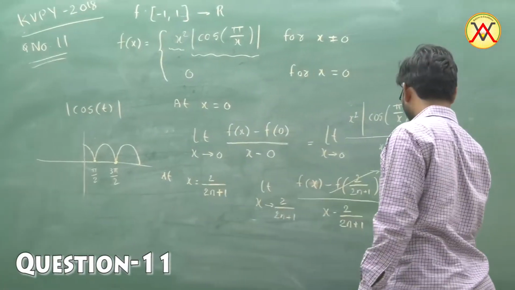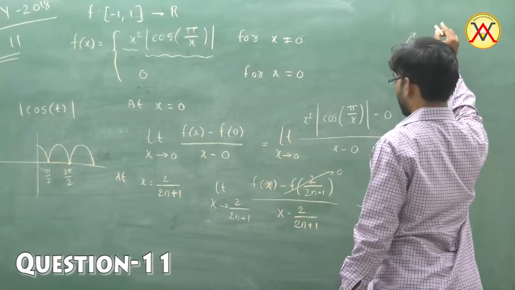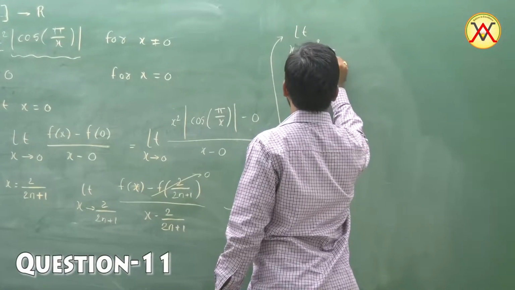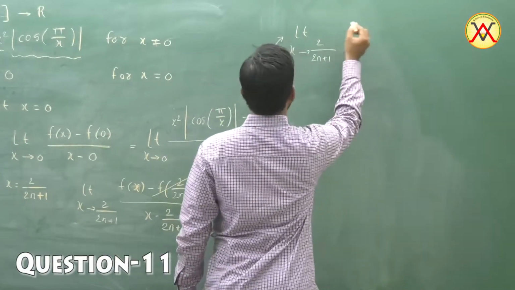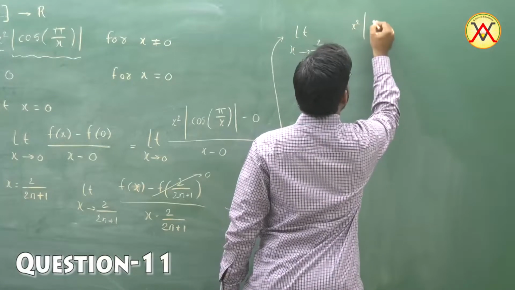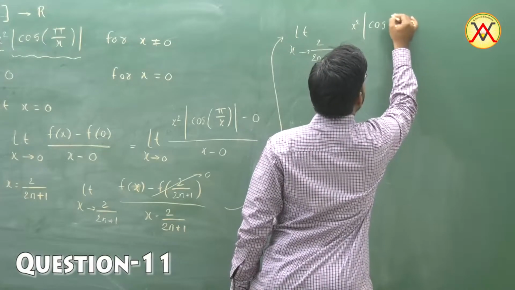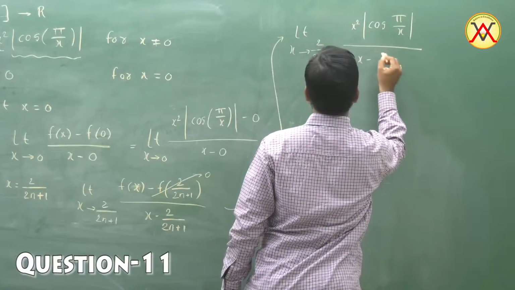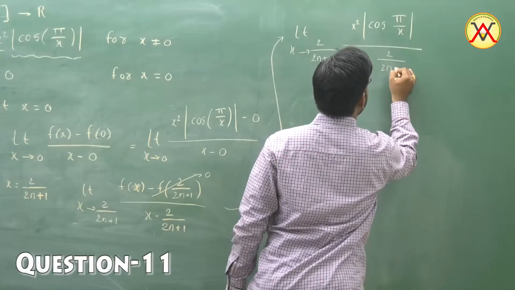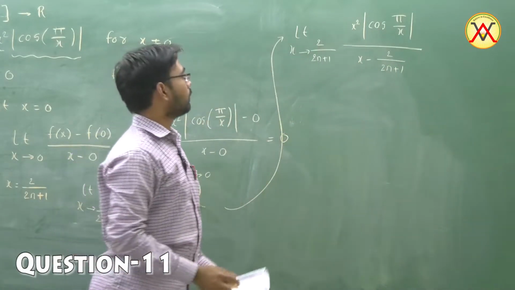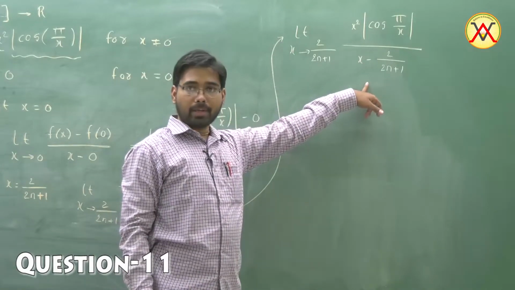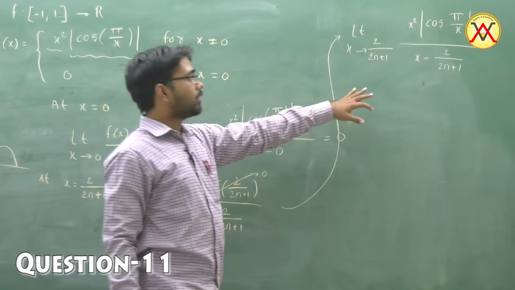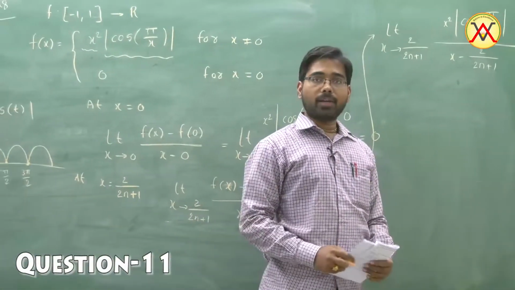So what we have is the limit as x tends to 2 upon 2n plus 1 of x square into mod of cos(pi/x) upon x minus 2 upon 2n plus 1. Now we need to evaluate this limit. If this limit exists, then the function is differentiable at these points. If the limit does not exist, then it is not differentiable at those points.